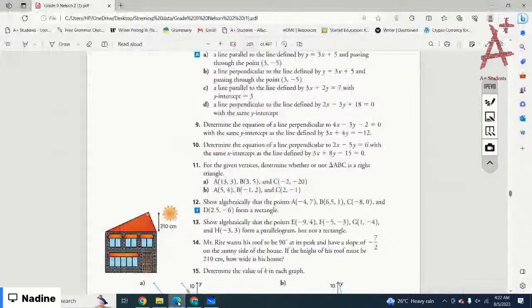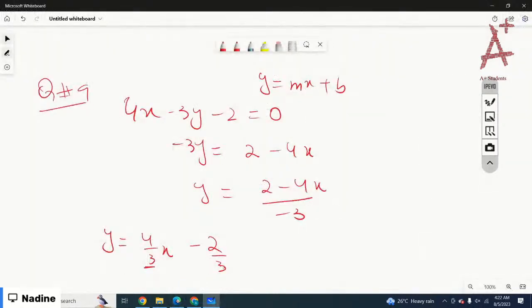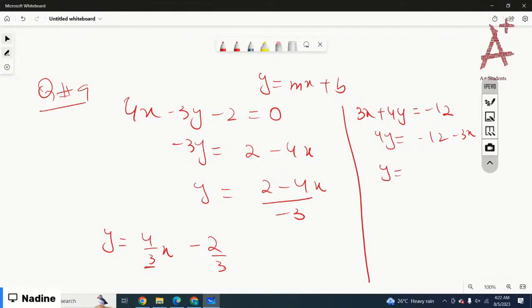That is 3x plus 4y equals negative 12. Just rewrite this equation. 4y equals negative 12 minus 3x. Y equals, just divide both sides by 4. It would be negative 3 over 4x minus 3, right?